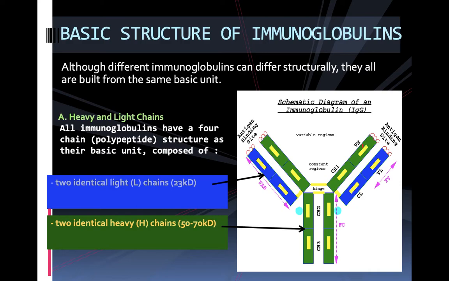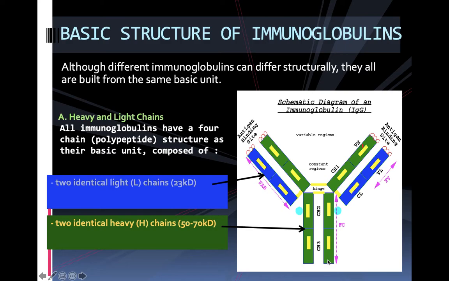Antibodies are Y-shaped glycoproteins that have four polypeptide chains as their basic unit, consisting of two identical light chains and two identical heavy chains. So here we can see our light chain, one, two, and then we also have our heavy chain, the one represented by the green structure.